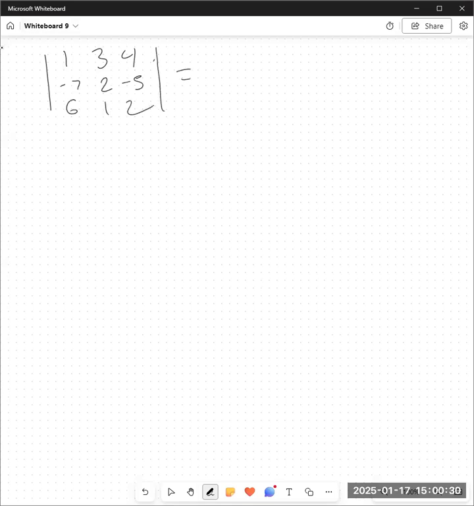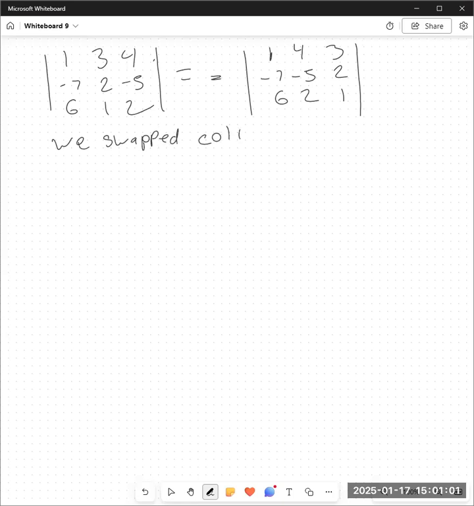We want to show by properties that that's equal to a negative determinant of 1, 4, 3, -7, -5, 2, 6, 2, 1. And we swapped adjacent columns there. So we swapped columns 2 and 3.